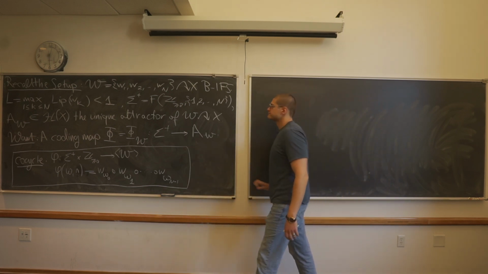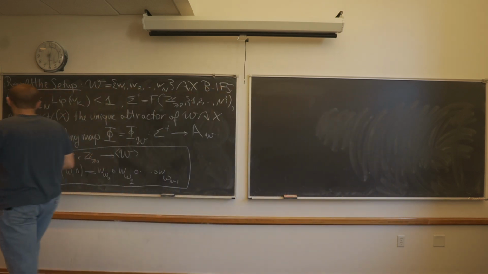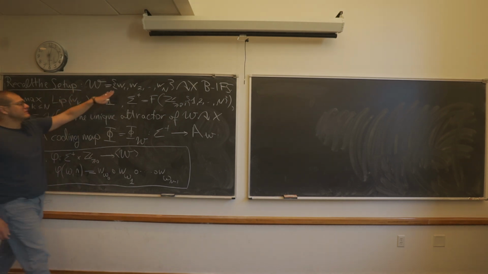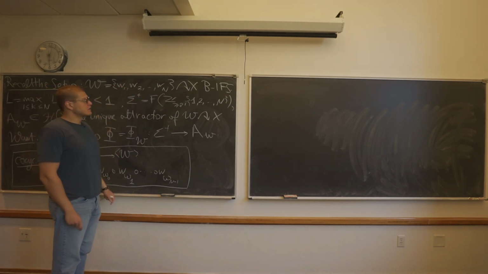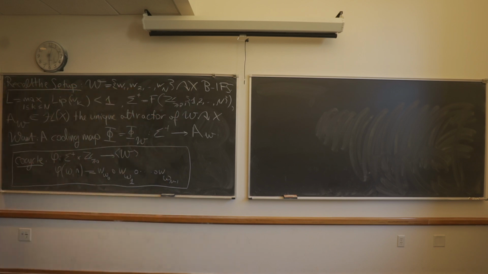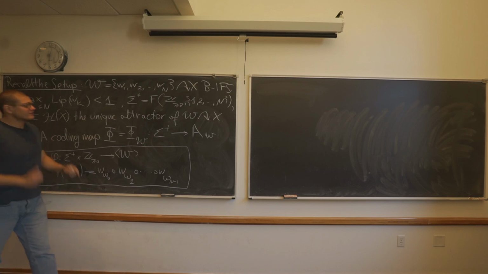Okay, so let me remind you the setup. We have a B-IFS, right? That means we have finitely many contractions acting on a complete metric space. I'm going to abbreviate by L the maximum of their Lipschitz constants. This is some number that is less than 1, so that it's faster to write things down.